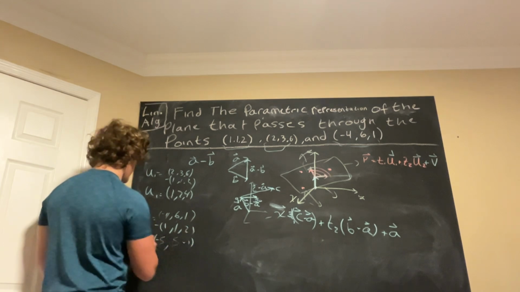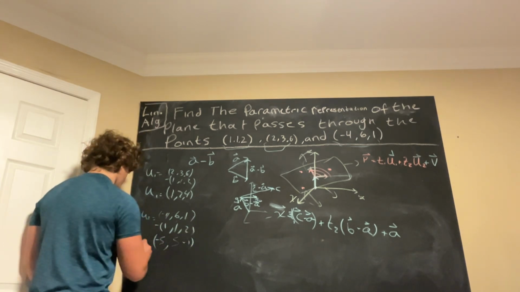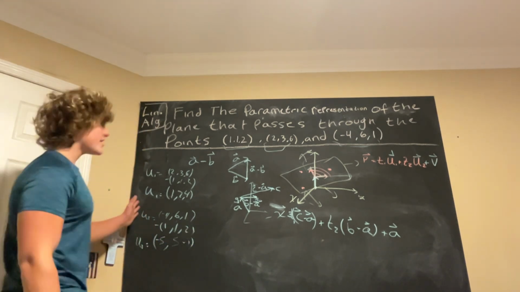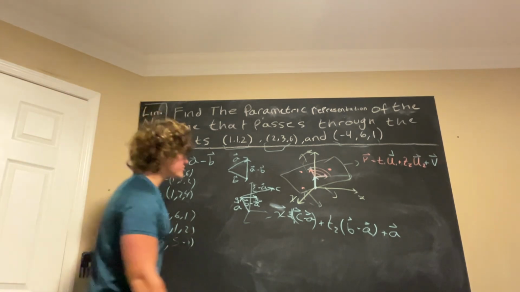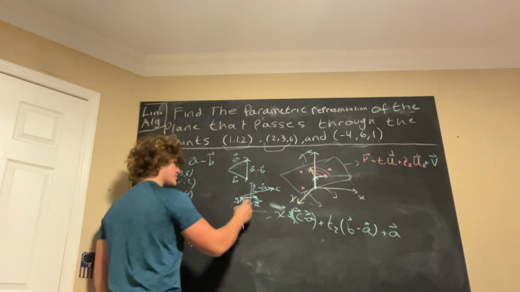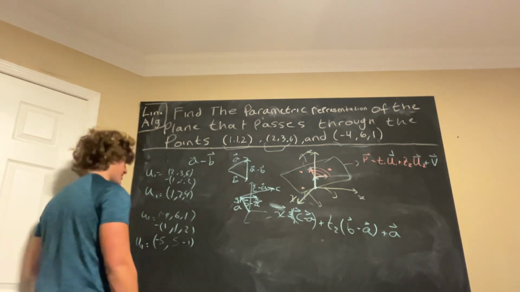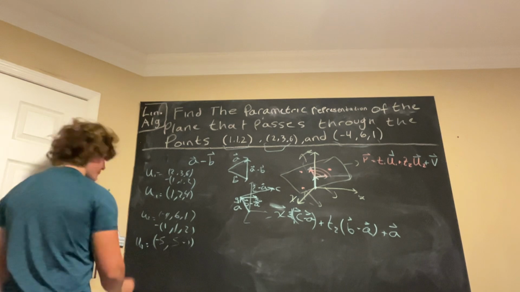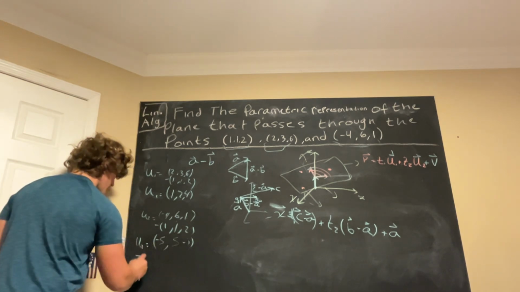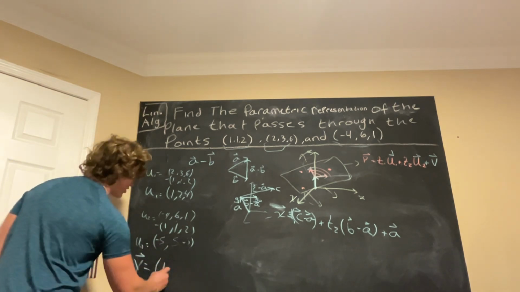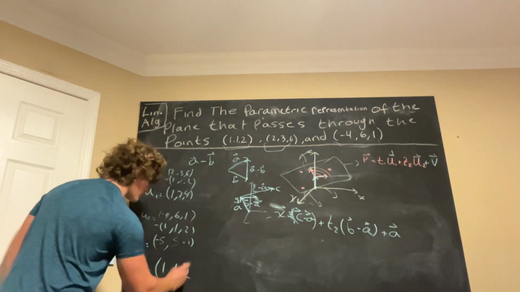So this is our second direction vector. Now we know that our third vector is just vector A, as we just have to get to this point, our position vector, not direction vector. So we have that V is equal to 1, 1, 2.